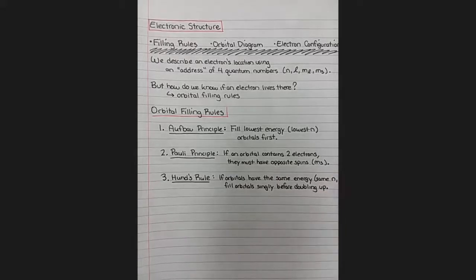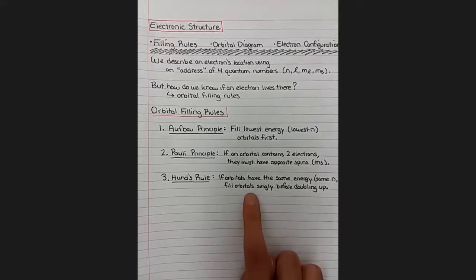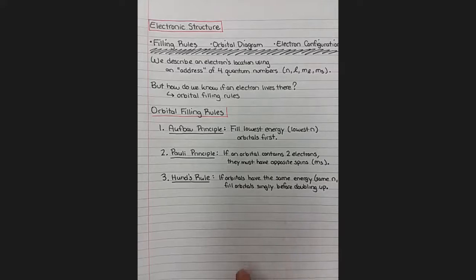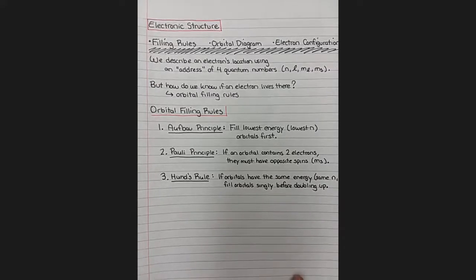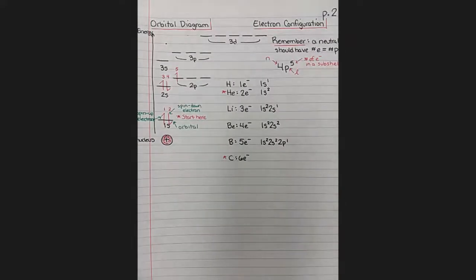This is just like if you were sharing a room with someone that you didn't know and there were multiple beds in the room, you would choose to occupy one bed each before you would decide to both sleep in the same bed if you didn't know the other person. Electrons are kind of like strangers. They like to have a lot of personal space.